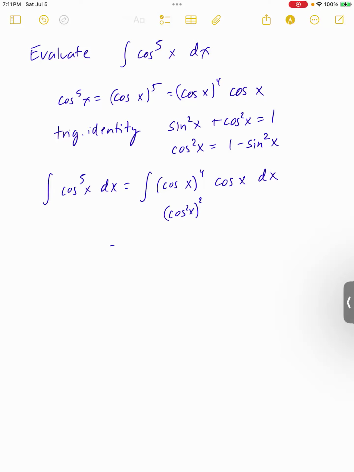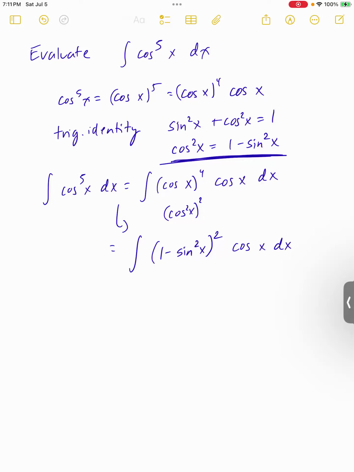So we can rewrite this integral as 1 minus sine squared x, which is what we decided we're going to use for cosine squared x, and that's squared, since that we showed above, is cosine squared x squared again, now is cosine x to the fourth power, times cosine x dx.